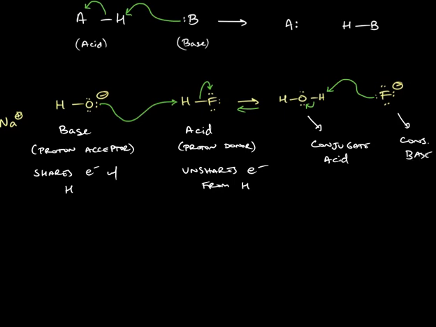Conjugate just means that they're paired up. So for instance, here's our fluorine right here. This is our acid, and therefore what we get afterwards is a conjugate base. This is our base, and therefore after it shares electrons, it can become the conjugate acid.